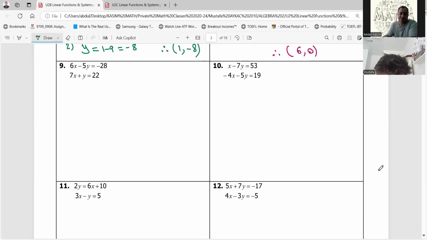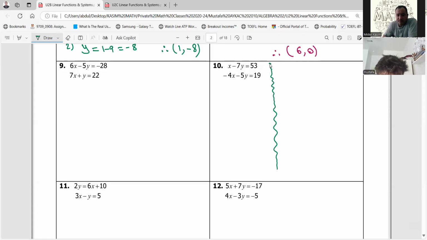Let's do question 10. Now in question 10, you see the equations are not given in a convenient form. Clearly we cannot see how x or y are related to each other. So one of them, I have to change to slope intercept form, that is y equals mx plus b. I don't want to use that word because equations may be different. So let's just express one variable in terms of the other.